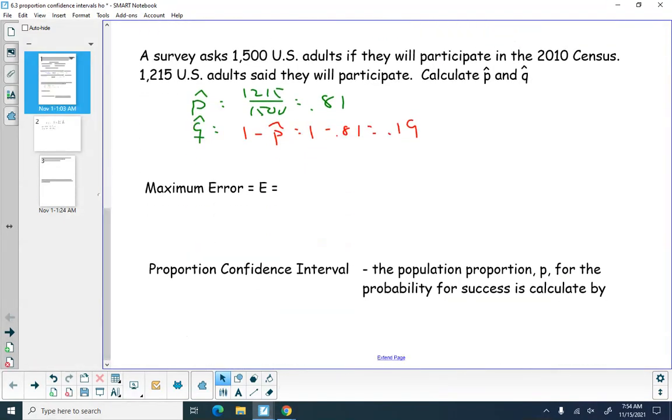Our error. How do we calculate an error? Our error E is calculated by the Z for the confidence interval times the square root of p hat times q hat divided by n.